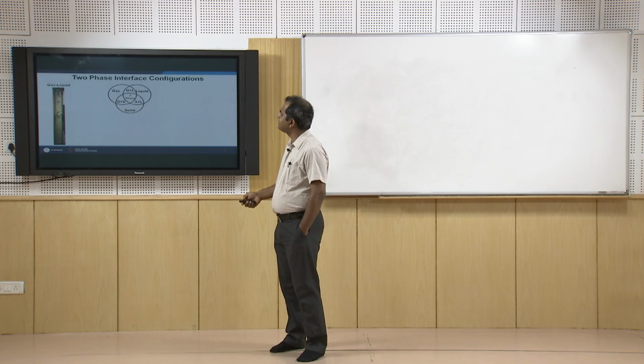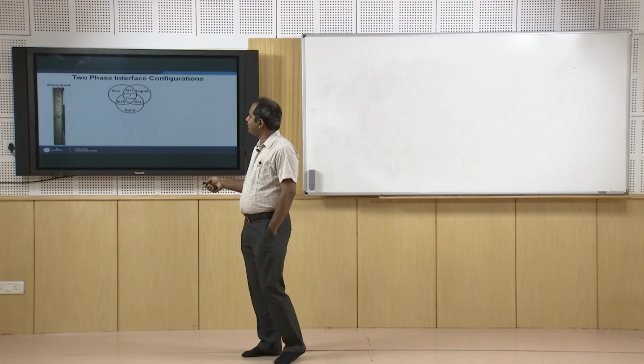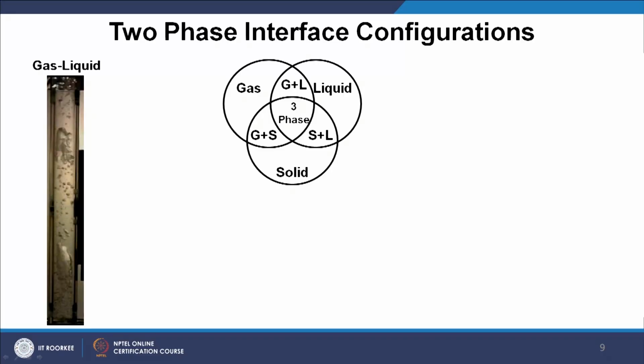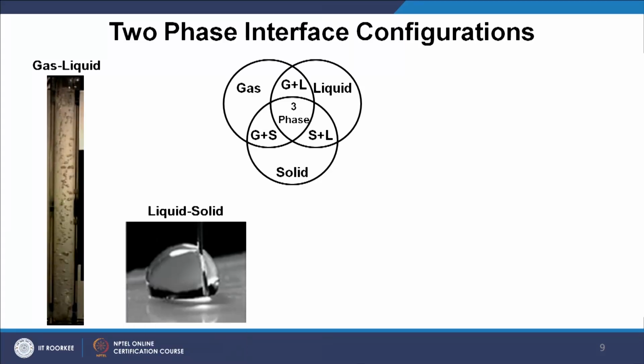Let me give you some examples over here. This is another time I am running that video where you can find out gaseous air and liquid water in coexistence. So, this is a typical example of gas liquid two phase flow. Next, I will be showing you another one where you can find out a liquid drop situated on a solid surface and due to some electric field application it is changing its shape and size. So, this is a typical example of liquid solid two phase flow.